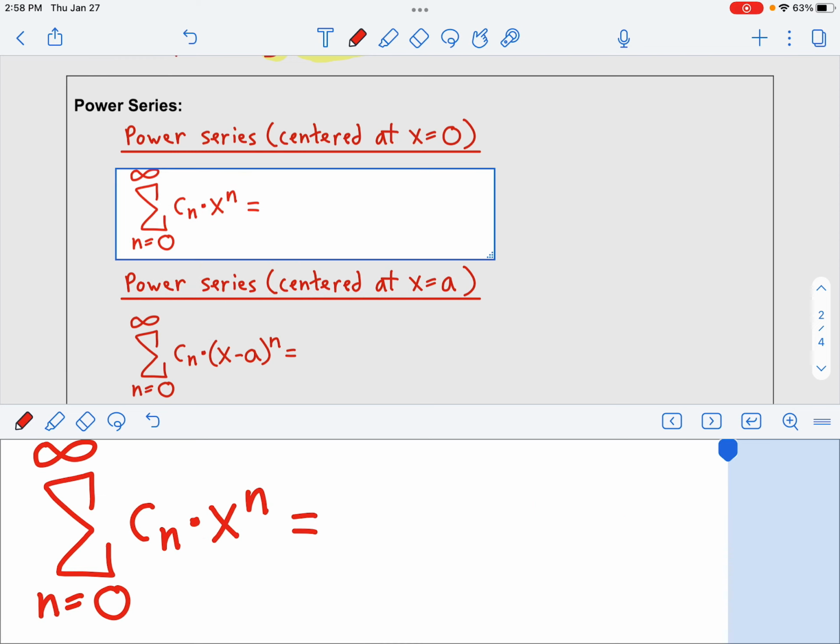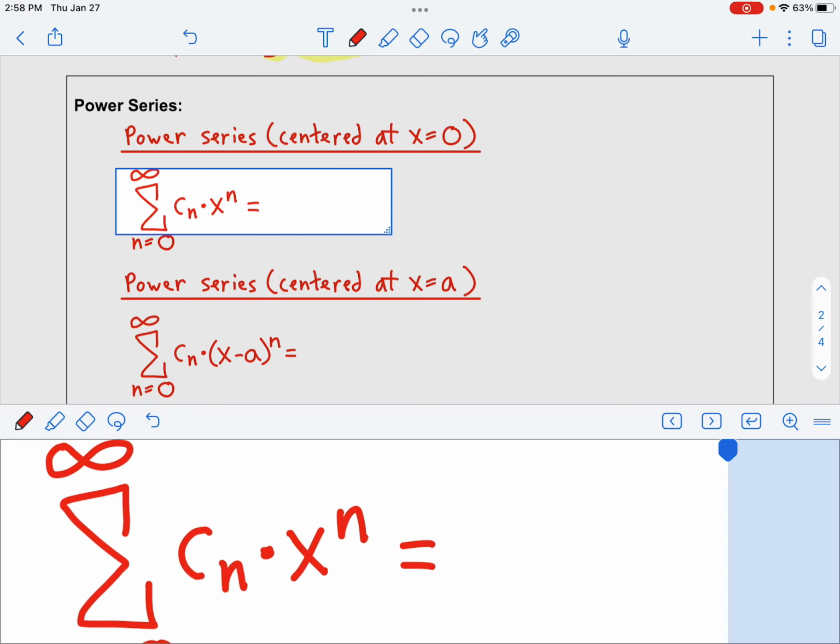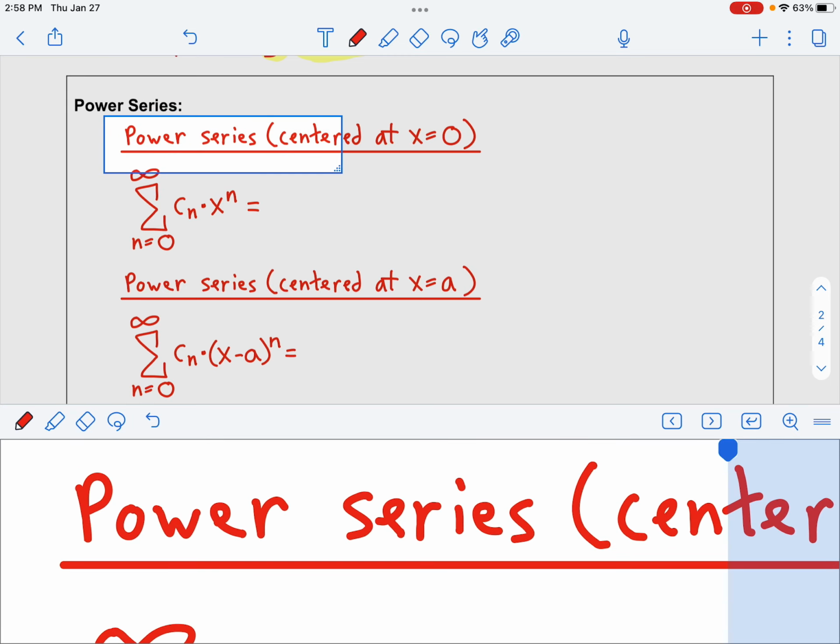When we normally talked about geometric series and geometric sequences in the past, we were just dealing with numbers, like 1, 1/2, 1/4. This one is a little bit different, because all of the examples we've done so far have been using variables. Some form of a variable is my common ratio. This is what we call a power series.